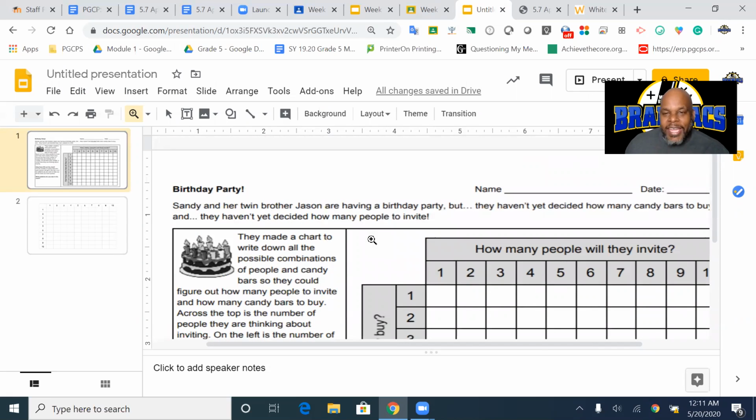So look at what we see. Sandy and her twin brother are having a birthday party, but they haven't decided how many candy bars to buy and how many people to invite. So let's look back at the problem.